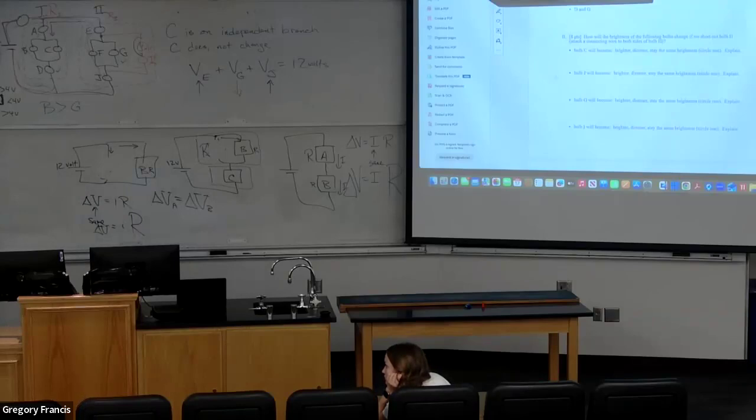I have a specific example. Can we go over the last problem on the tutorial where we remove this bulb? Okay. Brighter. Like we did in class today?